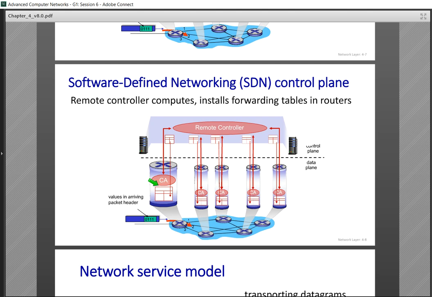Why is this important? Because I can assign a simple server into my network and run the SDN server on it. And then, instead of having a complicated router, I can have a simple router. Why simple? Because it does not think about too many things.